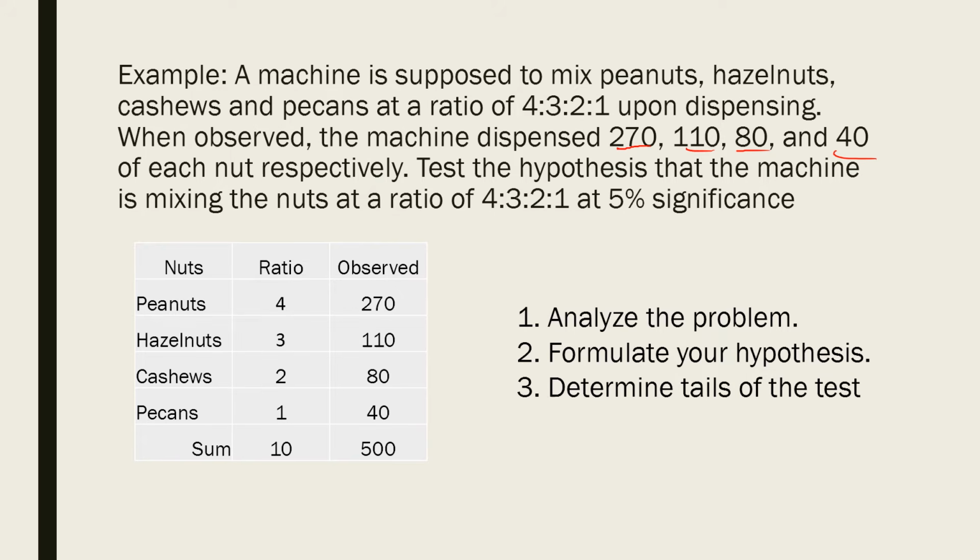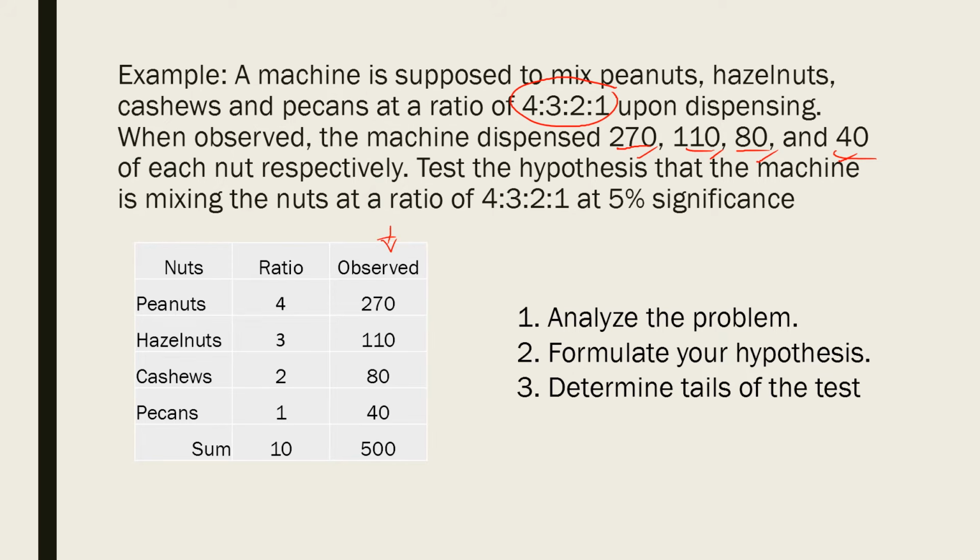We have to formulate our hypothesis, and of course we have to determine details of the test. Now, analyzing the problem, we know that we are supposed or expected to receive or see a ratio of 4, 3, 2, and 1. And our actual observation is 270, 110, 80, and 40 as encoded in this table below.